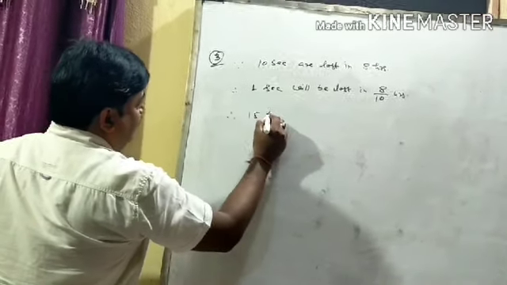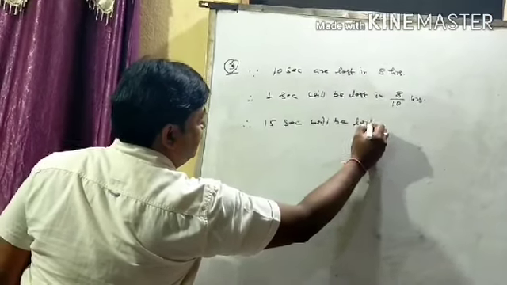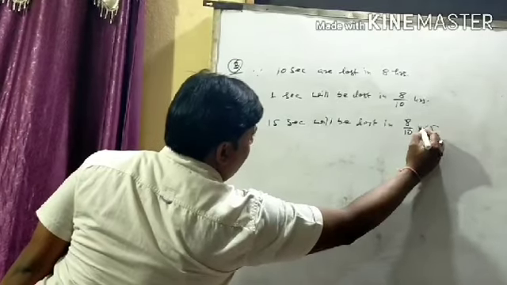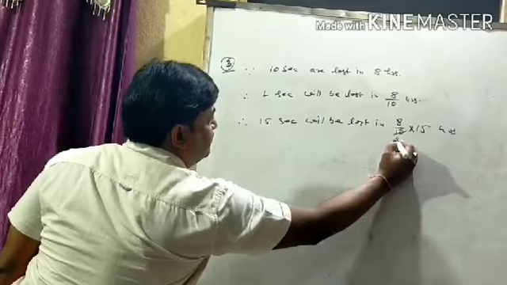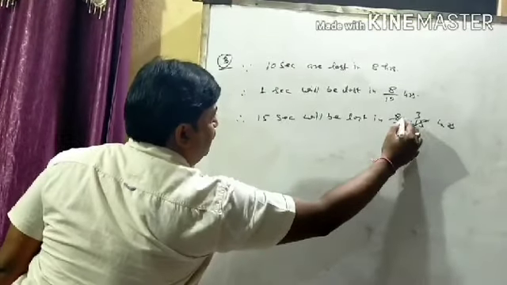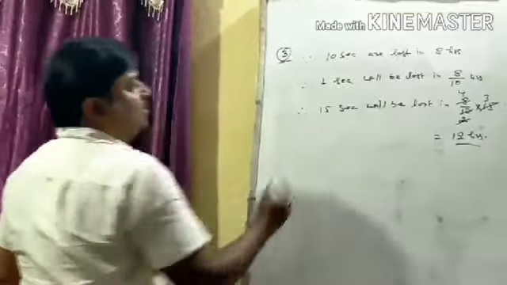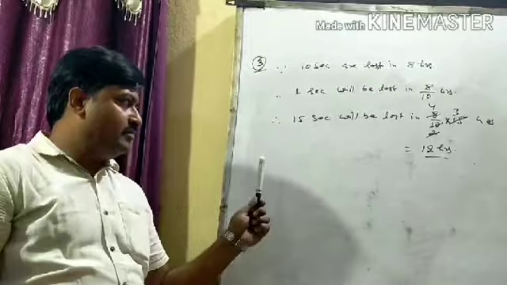Therefore 15 seconds will be lost in 8 by 10 into 15 hours. 5 2s are 10, 5 3s are 15, 2 4s are 8, 4 3s are 12 hours. So to lose 15 seconds, 12 hours will be needed.